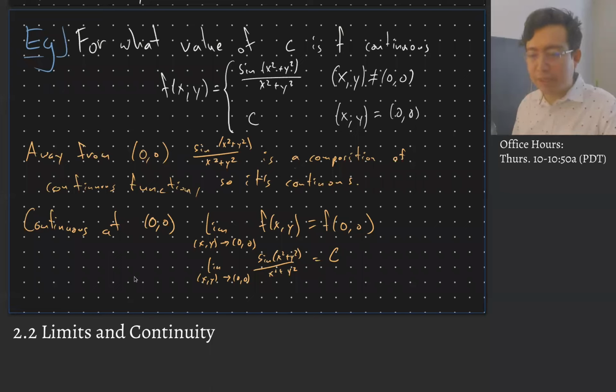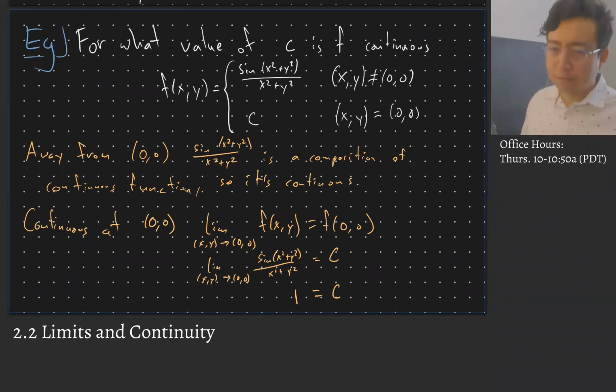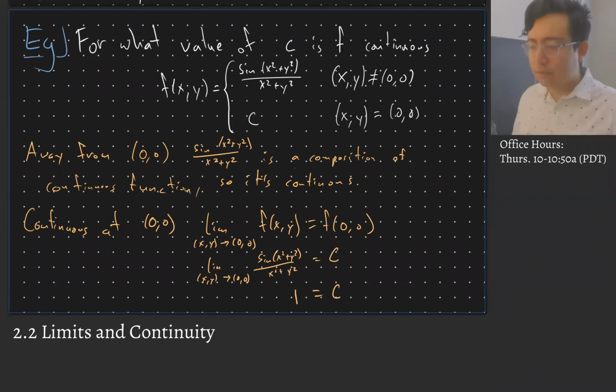Remember, we let t equal x squared plus y squared and plugged in t. This is the limit as t goes to 0 of sine t over t, which we took earlier, and that limit is just 1. So c equals 1. So that there is our final answer.